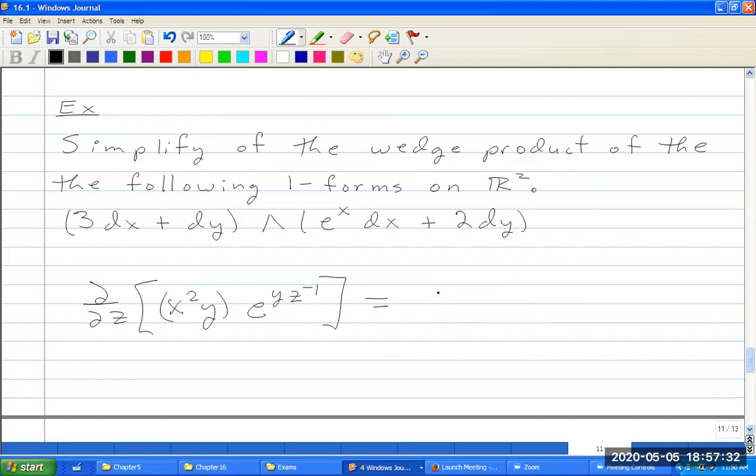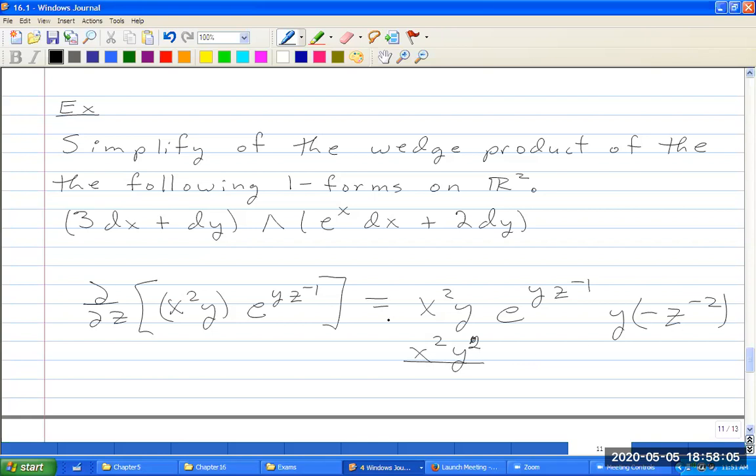Well, this is a constant, so I don't do anything with this guy. Now, the derivative of e to any exponent is e to that exponent times the derivative of the exponent. Well, y is a constant, and the derivative of z to the negative 1 is a negative z to the negative 2. And now I just multiply the x squared y times my y, so that it becomes y squared.